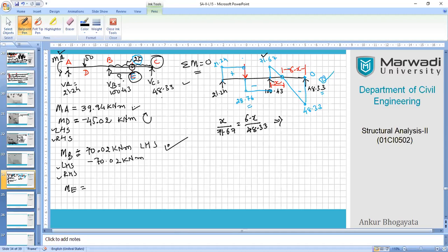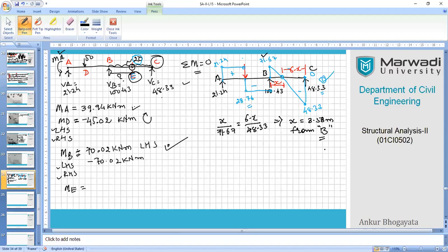So when you simplify this, you will be getting x value equals 3.58 meters from where? From B, right? Because you can see here this is the B point, this is A point, and this is C point.